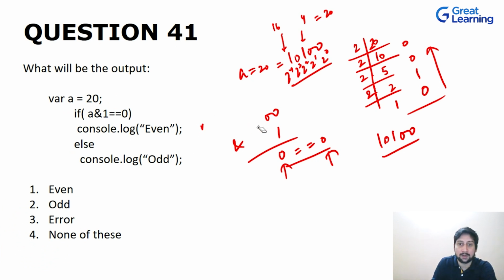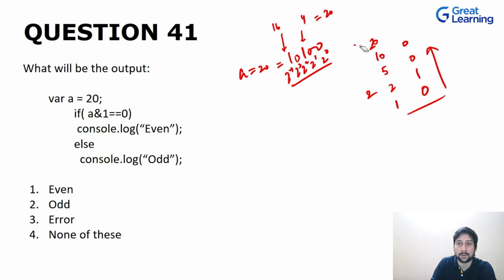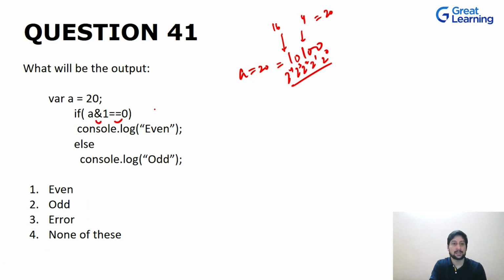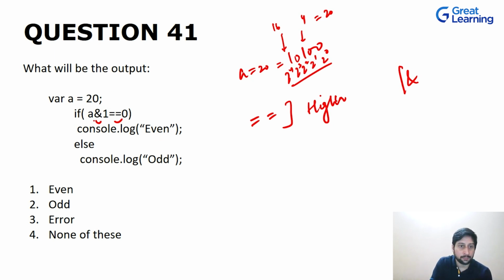This is happening because, as we know, whenever we have some operations grouped together, like in this case we have the equality operation that we are checking for, and we also have the AND. Now the precedence of equality is higher than AND.